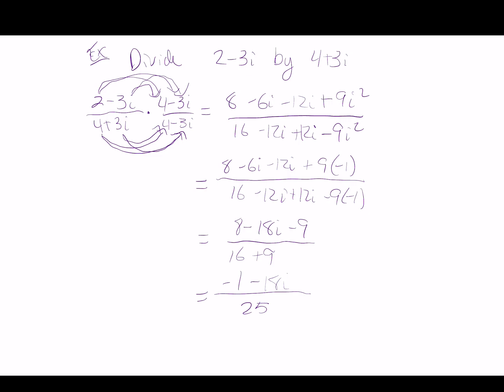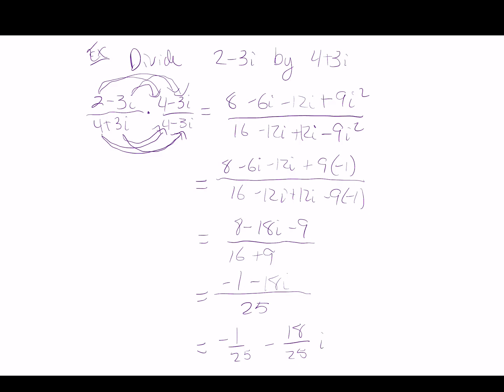Can we simplify this any further? How do we want our answer to look? Well, we can rewrite it as real and imaginary parts in standard form. So we have negative 1 over 25, which is the real part, minus 18 over 25i.